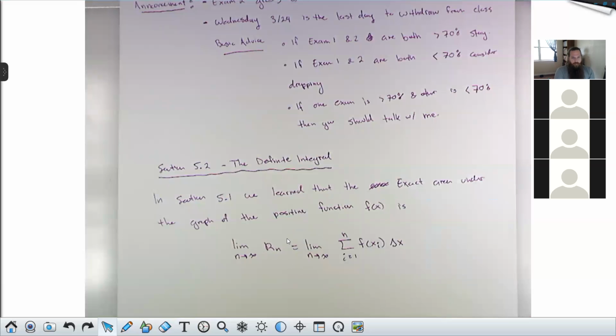This thing has a special name. And under certain contexts, it can be understood as the area bounded by the graph f of x and the x-axis. That thing is called the definite integral.